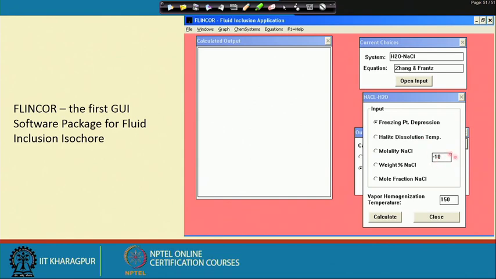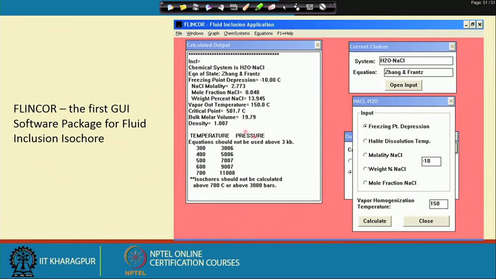As shown here, suppose a -10 freezing point depression is given, and the homogenization temperature is also specified in a different box. On clicking the calculate button, one gets the data for the particular inclusion. The salinity and density data are calculated and displayed along with the isochores calculated over a particular temperature range.